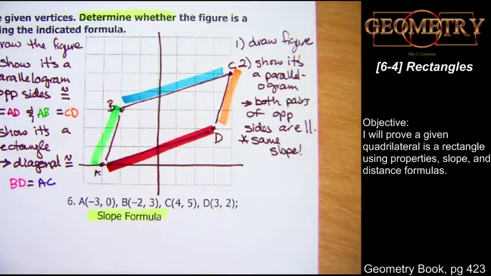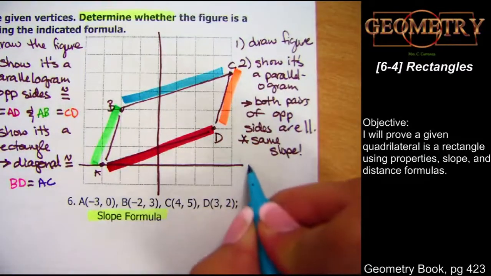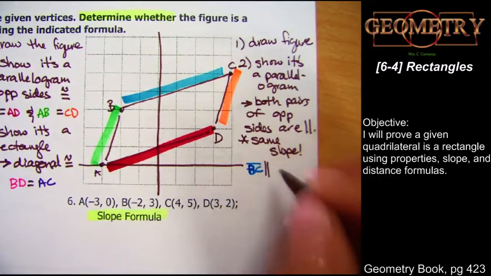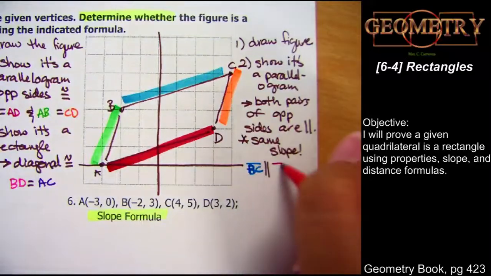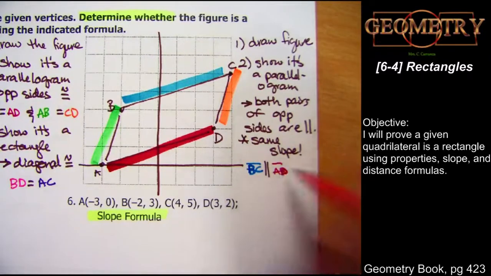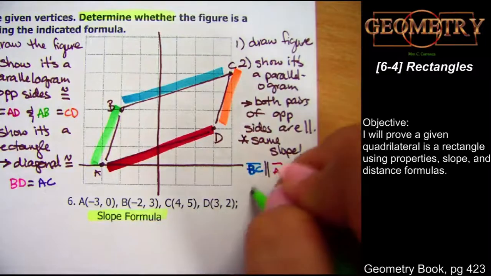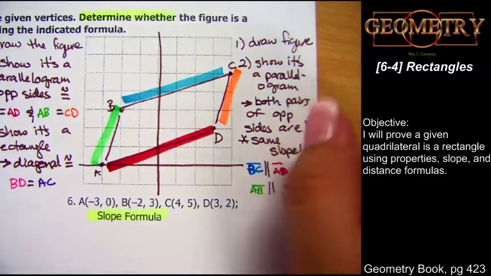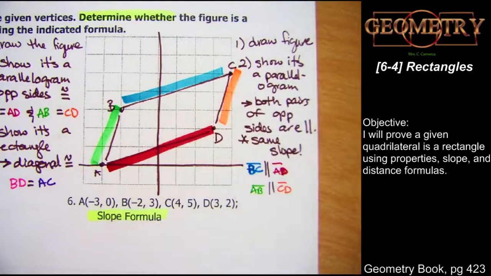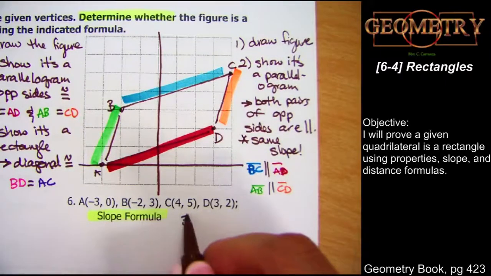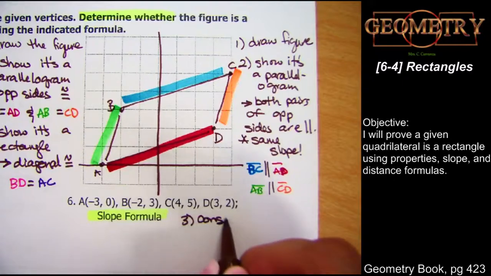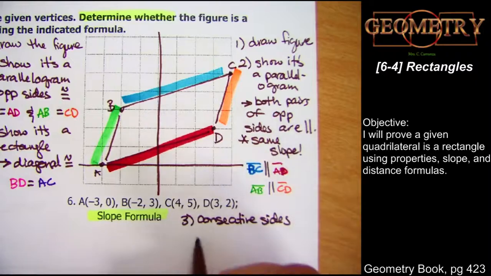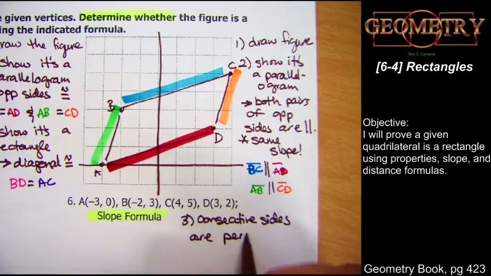You want the opposite ones to be parallel, and AB parallel to CD. Once you have those parallel, you want to show that consecutive sides are perpendicular.